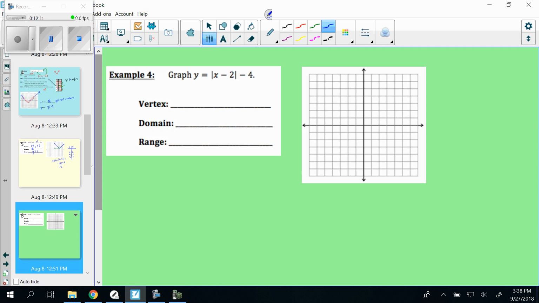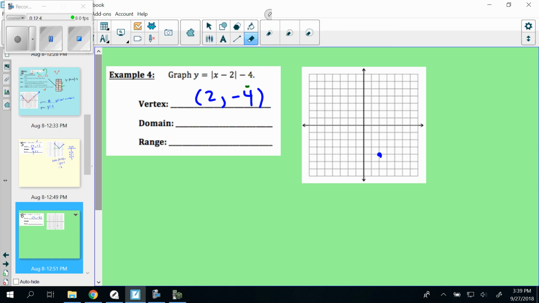Okay, number 4, graphing this one out. Why don't you pause the video and try this one on your own and see what you get. All right, let's see. Vertex you should have had as 2, -4, because -4 there, and 2 minus 2 makes that 0, so 2, -4. That point is right there. Okay, graphing this one now.